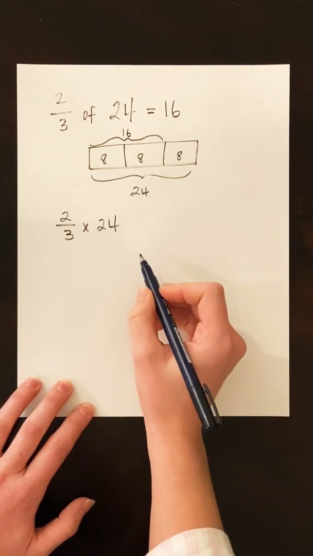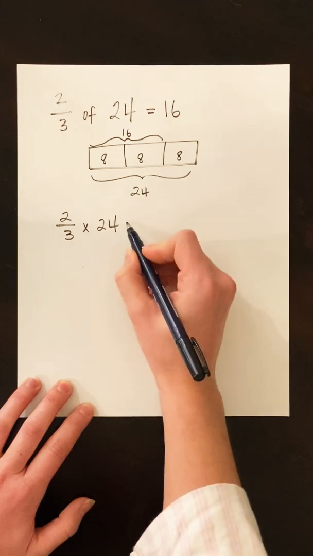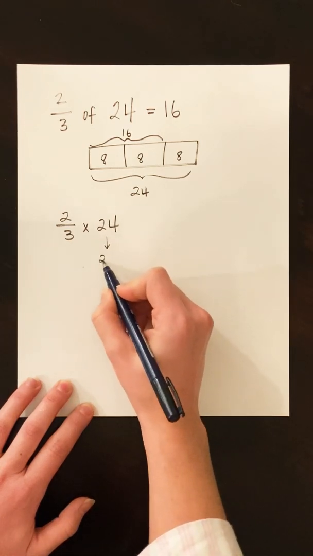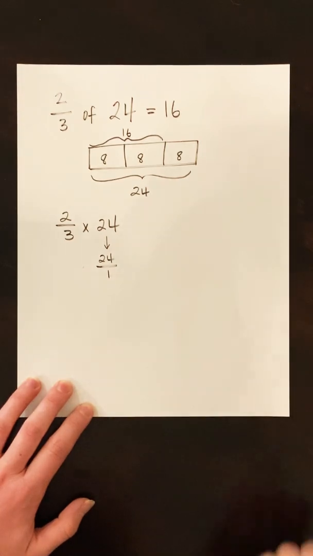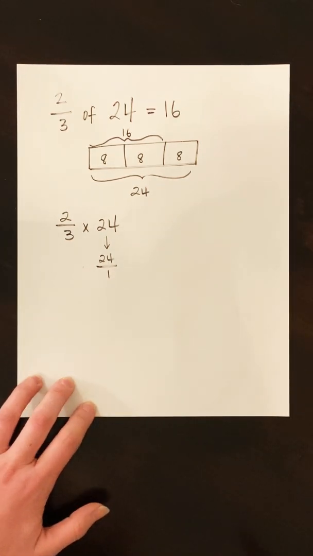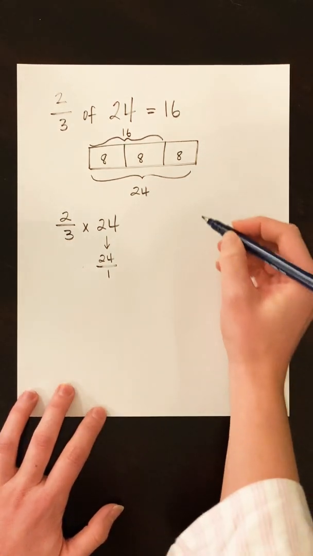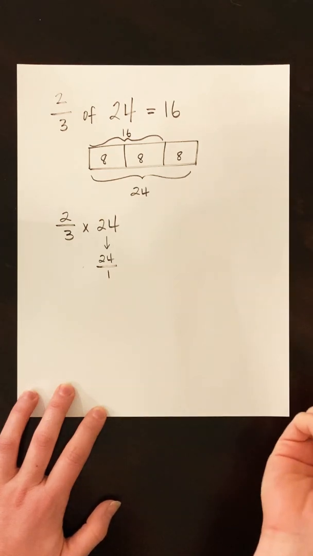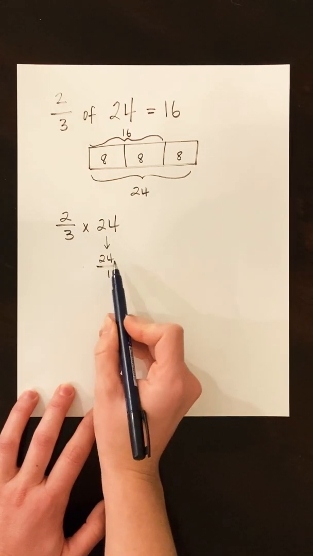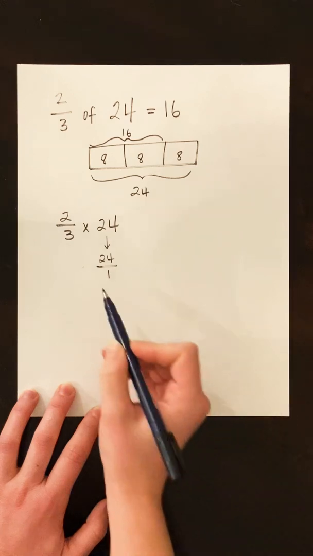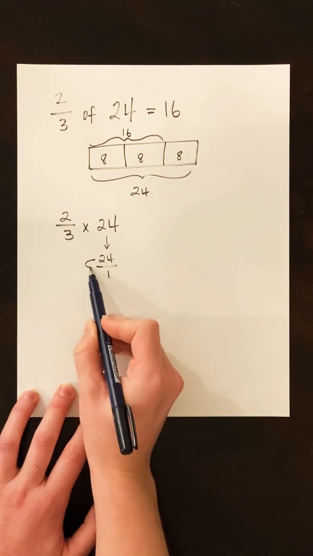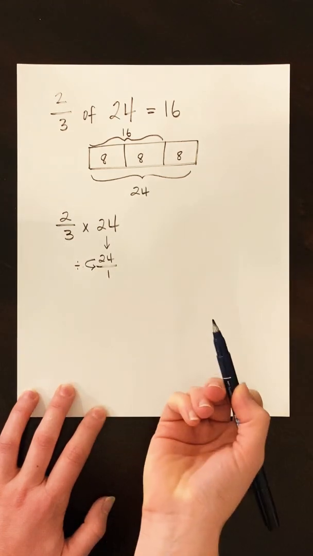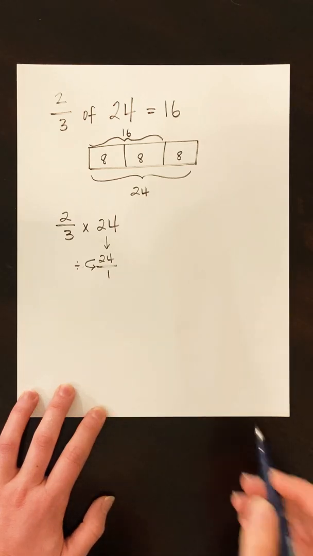And so we've talked about how 24 is the same as 24 over 1. And what that means is it takes just one piece to make a whole. So I have 24 wholes, and if we use what we know about changing an improper fraction to a mixed number, 24 divided by 1 is 24, so it's equivalent.